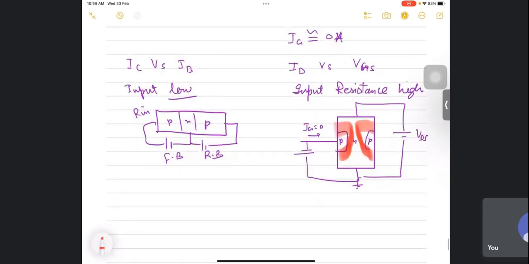ओके, तो इसका फायदा क्या है इनपुट रेजिस्टेंस हाई होने का? कि कोई भी नॉइस सिग्नल जो है वो इजीली ऐड नहीं हो सकता. Noise can't be easily added into JFET.